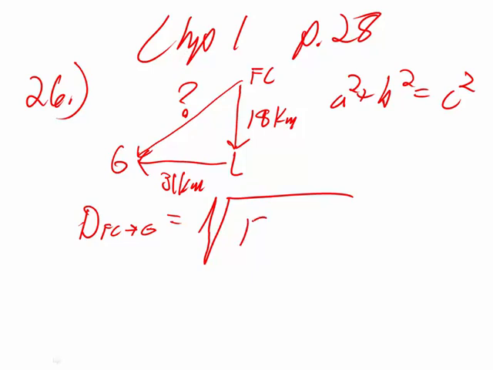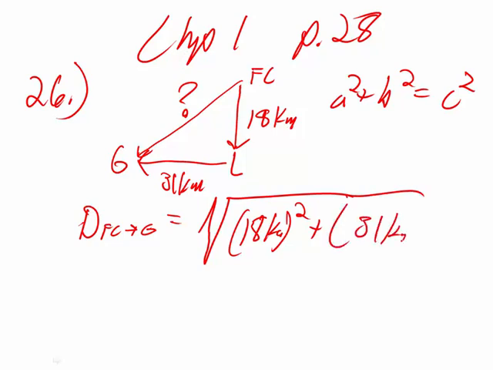So we have 18 kilometers squared plus 31 kilometers squared. Let's do the math real quick. So we get 18 squared plus 31 squared, and then take the square root of that.